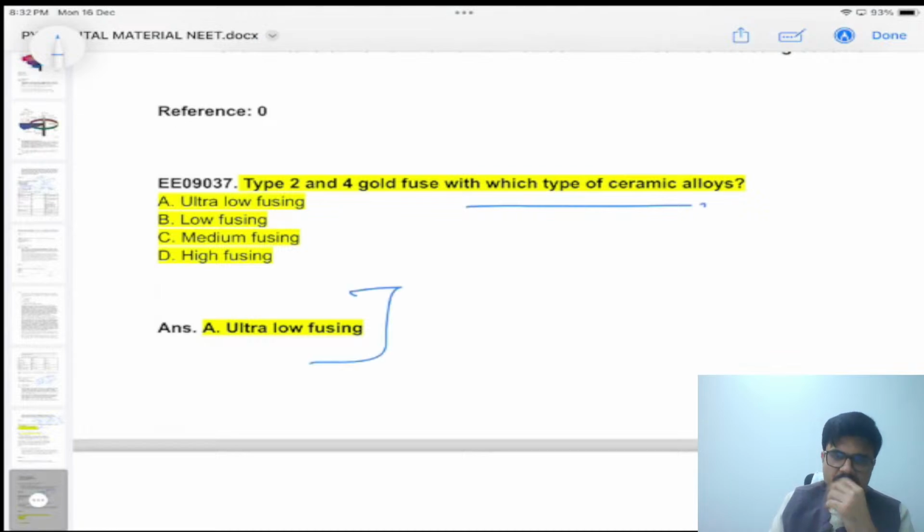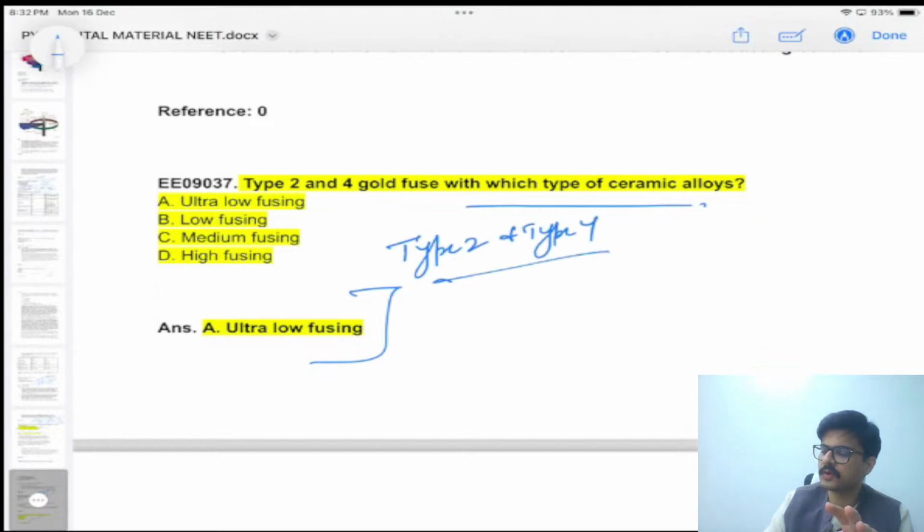Type 2 and type 4 gold fuse with which type? Ultra low fusing. Why? In general, your gold alloys, their melting temperature is not that high, right?